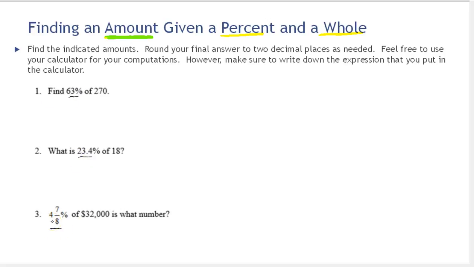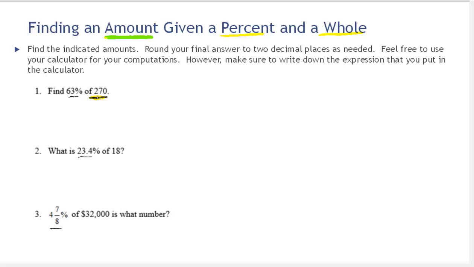But sometimes it can be difficult to distinguish between an amount and a whole. So in these problems, when they're out of context, and actually in context too, we'll see in the next video, the whole is always preceded by the word of. So remember, we said you're finding a percent of some value, and the of is referring to the whole.